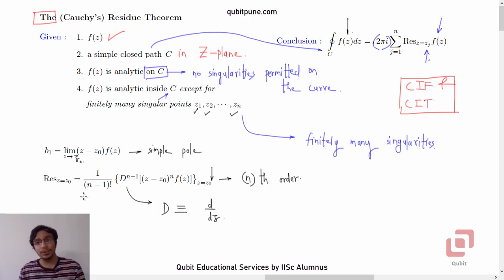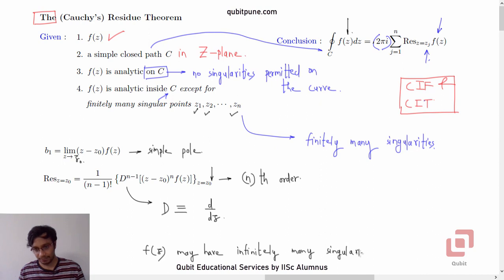Now there is one more point which we should take note of. f of z may have infinitely many singular points or singularities outside C, but these singularities will be irrelevant to us.